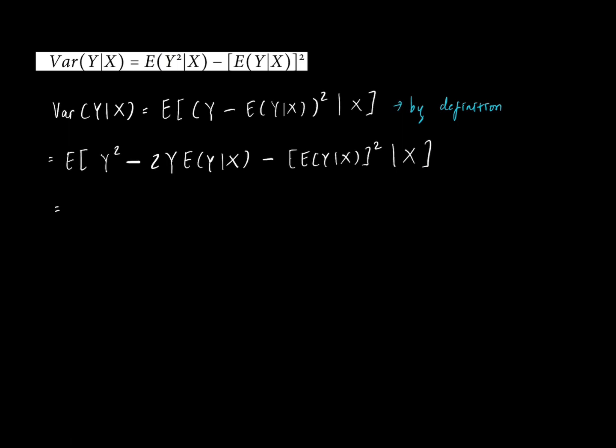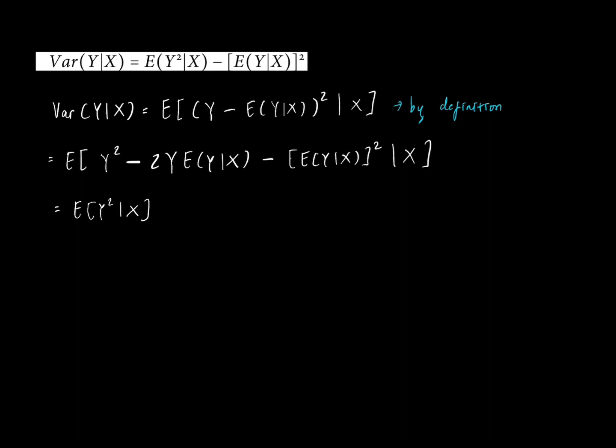Now, because E is a linear operator, we can multiply it into this expression. We will have E, but remember to also write given x. So E of y squared given x for our first term.